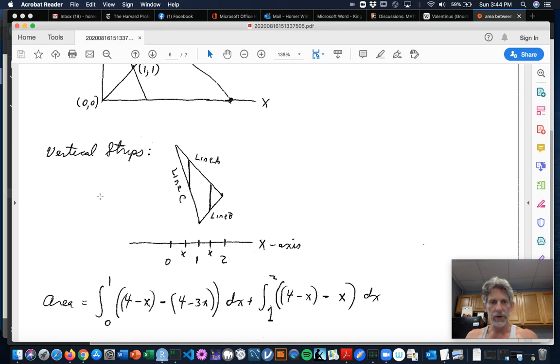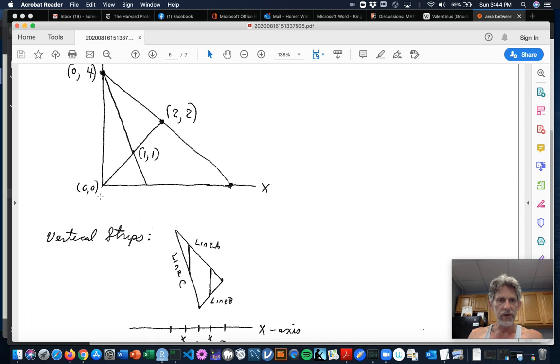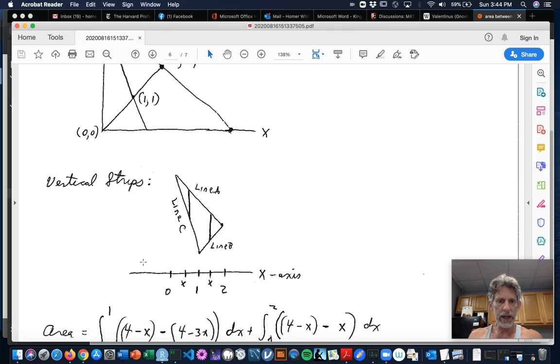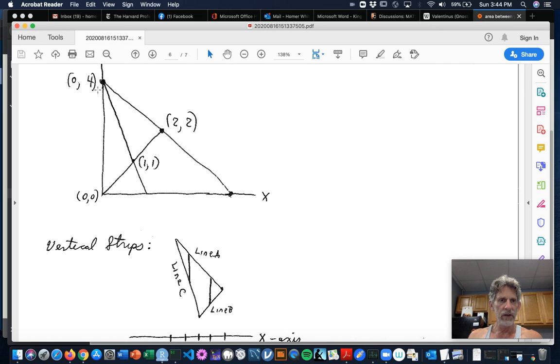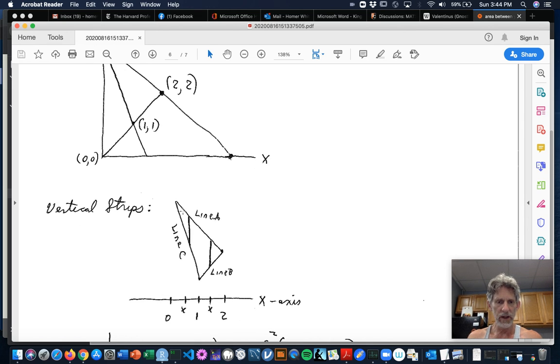Let me start by doing vertical strips. And so I think to myself, okay, x-axis from 0 to 2, because the lowest x for this region is a 0, and the highest x for this region occurs at that corner 2.